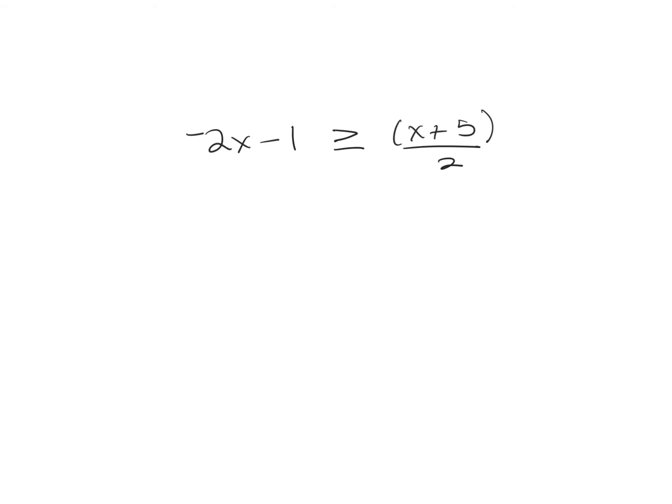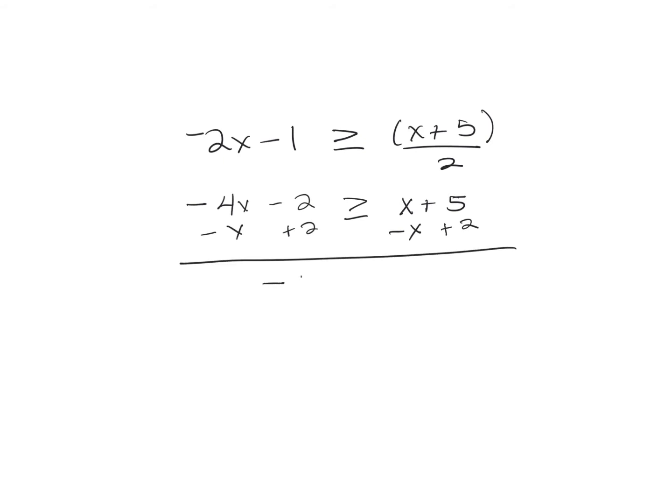So many ways. Let's multiply everything by 2. And that cancels the 2 off the bottom of that fraction. Let's subtract the x's from both sides and add the 2 to both sides. Divide by a -5, which requires we switch the sign.